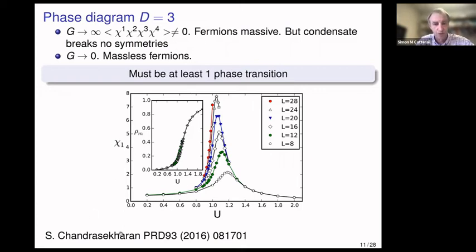And this is a picture from one of Shailesh's papers showing precisely what happens at that transition. So this is some fermionic susceptibility as a function of U, which is equivalent to G for me. So it's the Yukawa coupling, basically, the 4 fermion coupling.